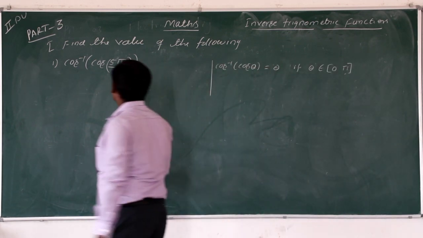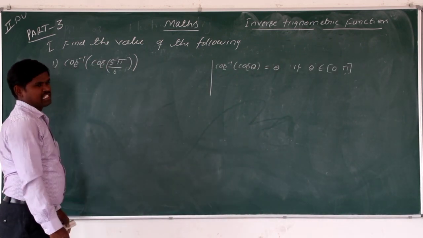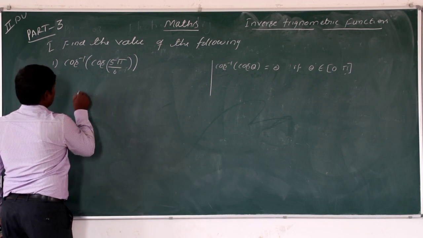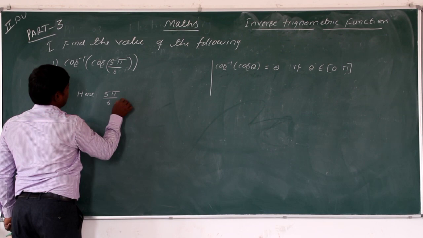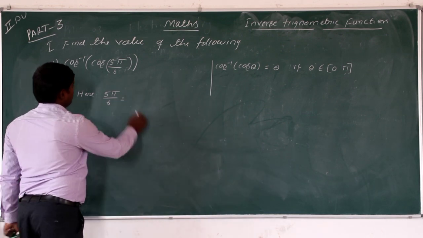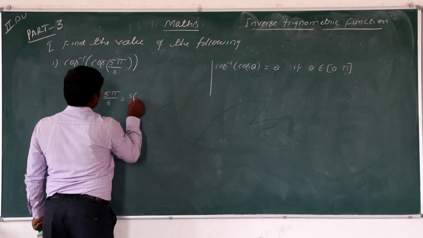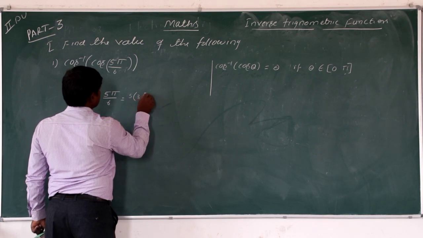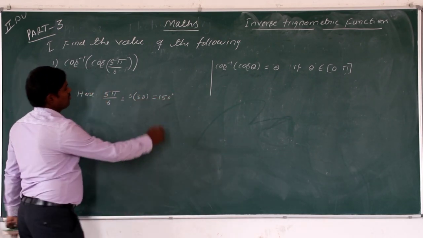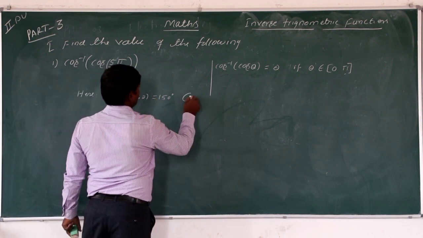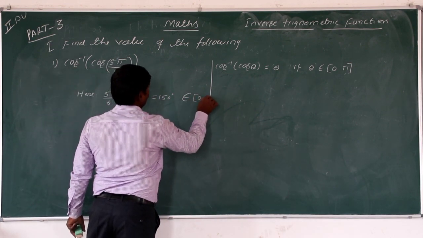Observe here that 5 pi by 6 is the angle. 5 into 30 is 150 degrees. So this lies in the interval 0 to pi.